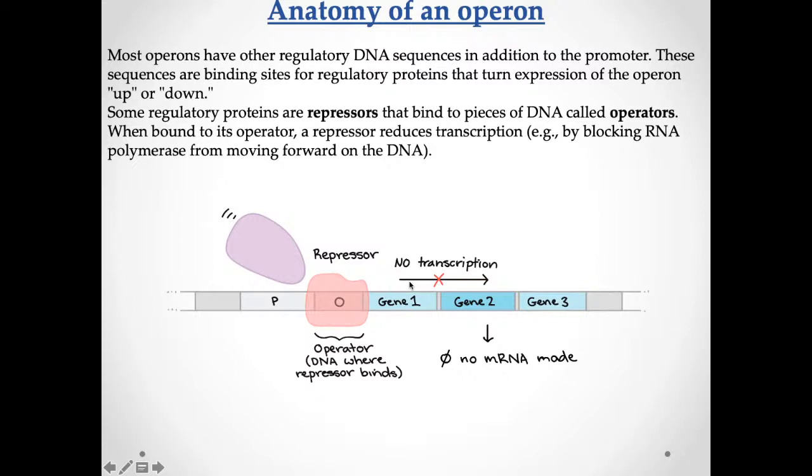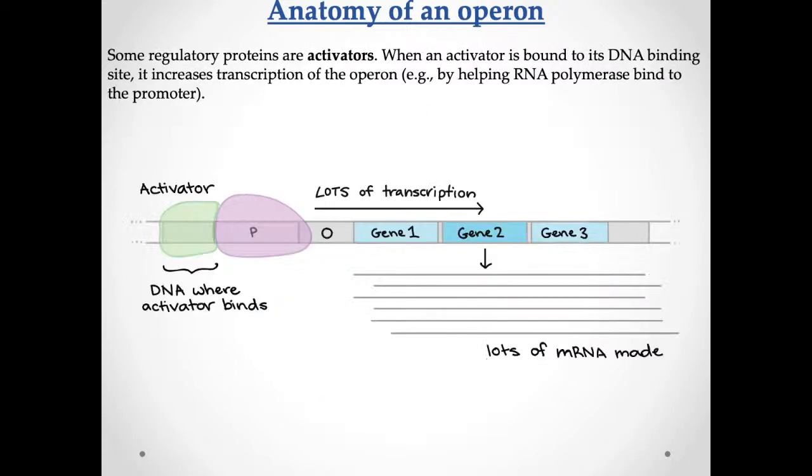Because of that, no transcription will take place and no mRNA is made. Further, we can see there is an activator site beside the promoter. If the activator comes and binds the DNA, lots of transcription takes place and lots of mRNA is made.